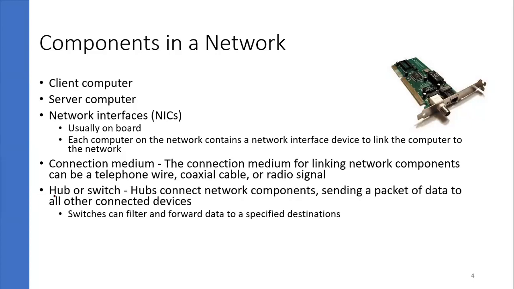Another component in a network is a hub or a switch. Hubs connect network components, sending a packet of data to all other connected devices. These are the devices that help to communicate between the hardware devices.